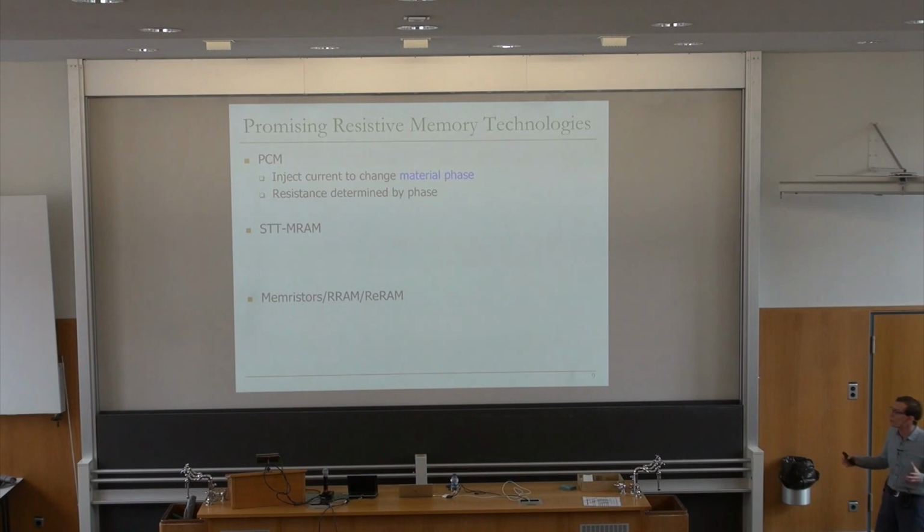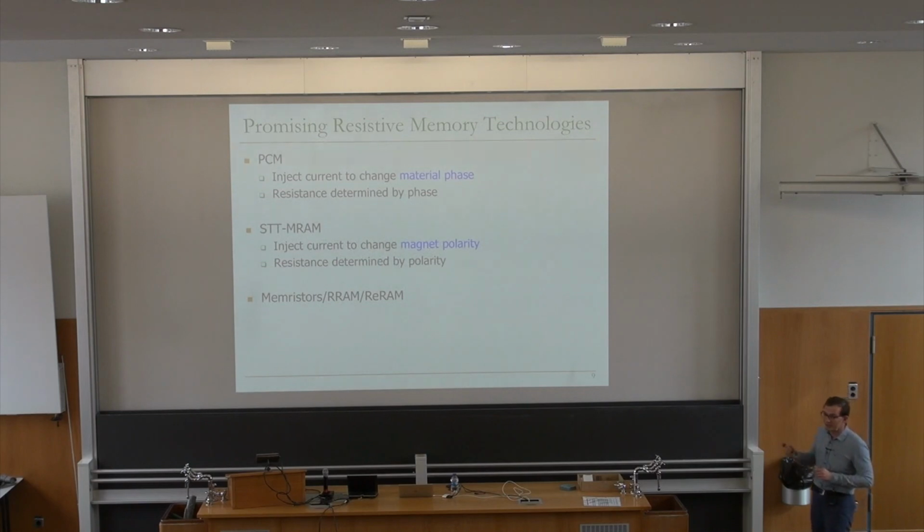And material phase encodes data, and resistance is determined by the phase of that material. And we're going to detect the resistance. STT-MRAM, this is a magnetic technology, spin transfer torque magnetic memory. You inject current to change the polarity of a magnet compared to a reference magnet, and the resistance is determined by the polarity of that magnet that you can control.